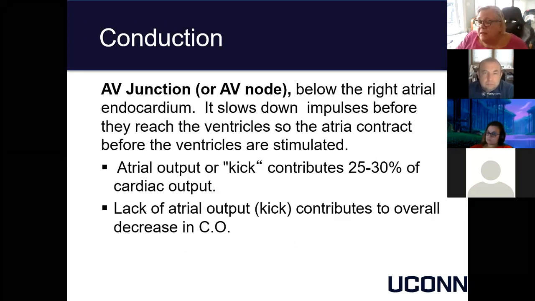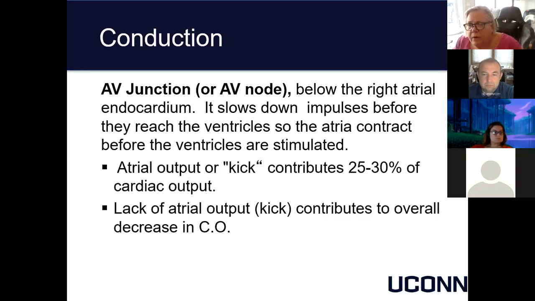And again, we really like when the SA node and the AV node are coordinated. When you have coordination between atrial contraction and ventricular contraction, the atrium contracts and contributes 25 to 30% of cardiac output. With atrial fibrillation, where you don't have efficient contraction of the atrium, you could be losing potentially 25 to 30% of cardiac output.